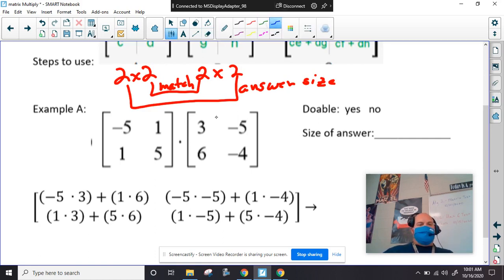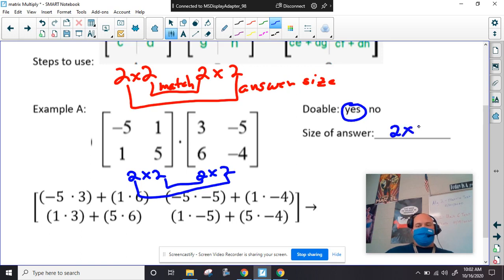This matrix is a 2x2. This other one is a 2x2. So if these match, this would be a yes, because you will have some that you can't do. And the outside is 2x2, so this is the size of our answer.